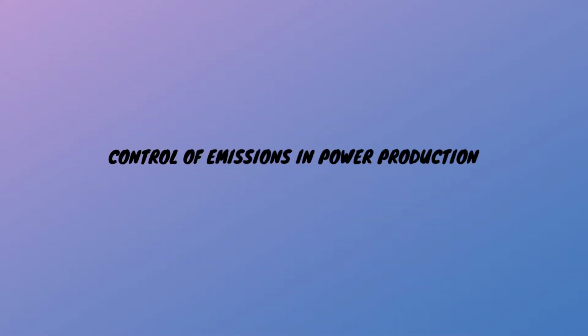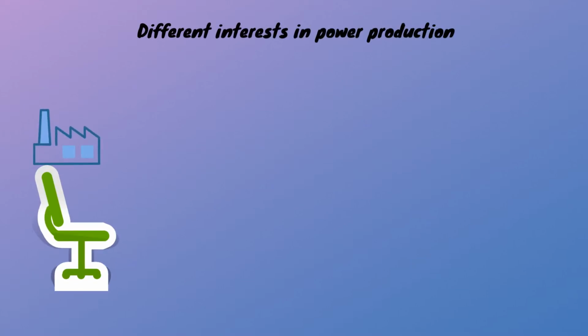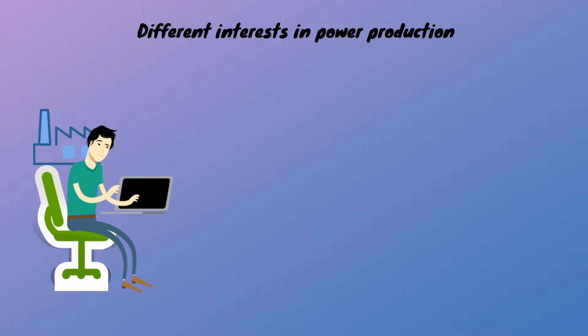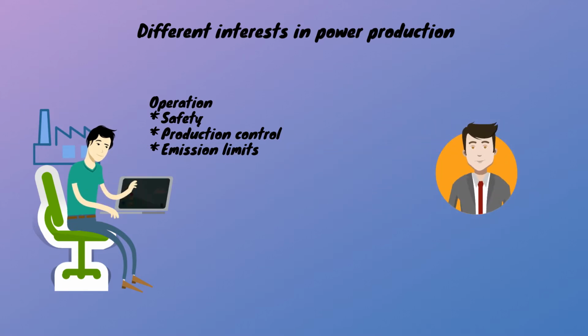Next, we discuss how to control and reduce emissions coming from power production. There are different interests in power production. In operations, the focus is on safety, production control and staying within emission limits.